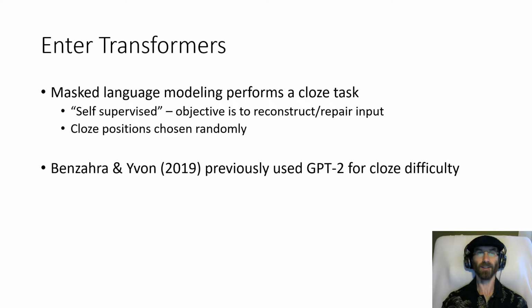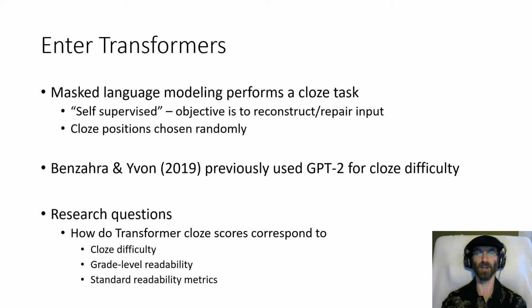This kind of approach to readability has been tried once before. Benzahra and Yvon previously used a model called GPT-2 to look at this connection between Cloze difficulty and readability. The problem with GPT-2 is it only predicts words to the right, so it's not the same as the Cloze task, because the blank can be anywhere in the interior of the sentence. So it's not really a very good fit.